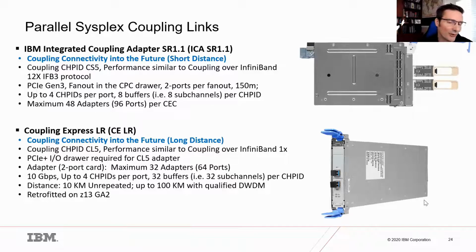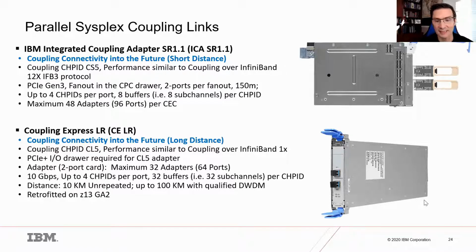For the last number of years, IBM has made a statement of direction that the last machine that will support the InfiniBand short range or long range devices would be the z14, the big machine. I refer to it as the mother machine, and the baby machine is the ZR1. But that was the last machine to support the InfiniBand links.